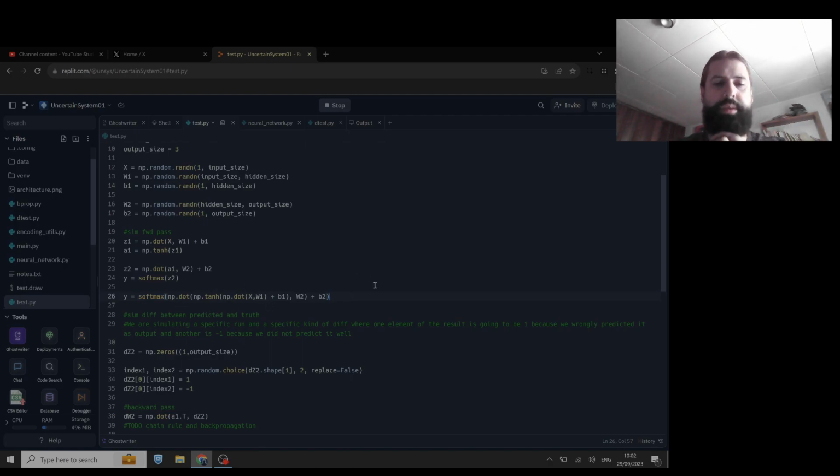So to calculate the derivative of these things with respect to W2, well, no. Yes and no. What you're calculating is not the loss of these, but the loss.